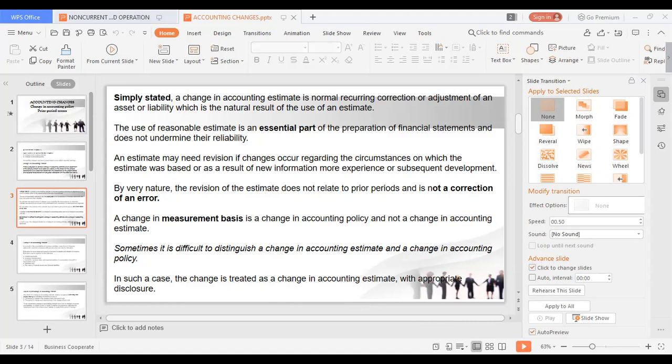9-2, during the current year, Orca Company decided to change from the FIFO method to the weighted average method. Inventory balances under each method were as follows. On January 1, the FIFO has an inventory balance of 7.2 million, the weighted average 7.7 million.